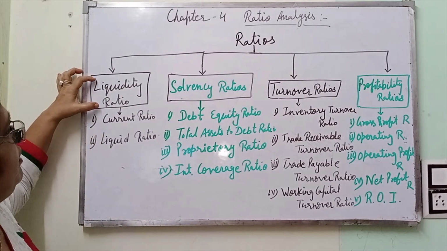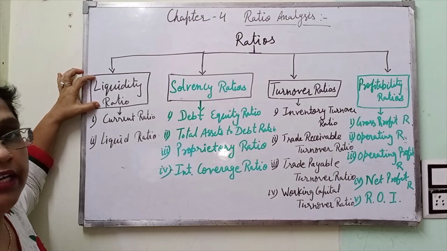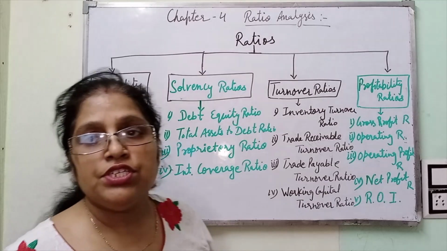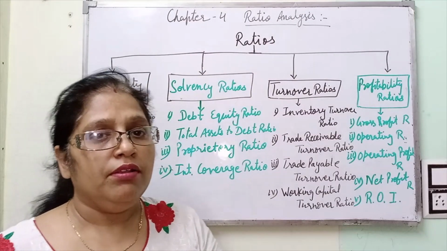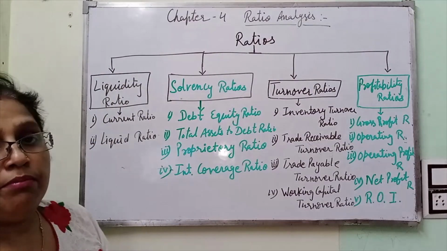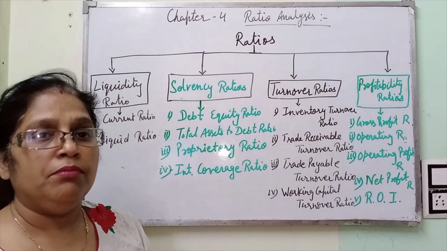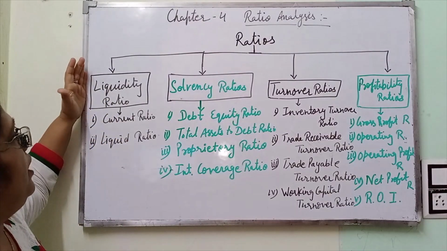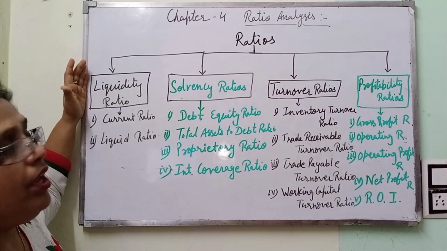In case of liquidity ratio, as the name indicates, it shows the solvency of the company for a short period of time, whether the company is able to pay its short-term obligations or not. This can be calculated with the help of liquidity ratio.